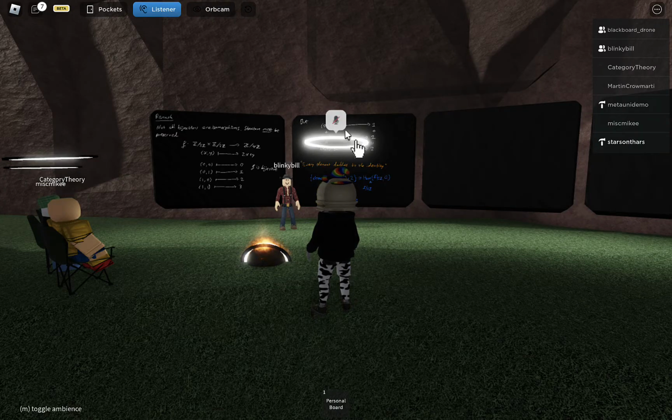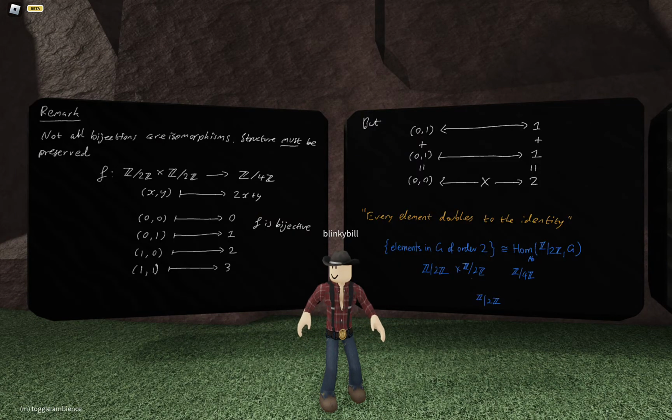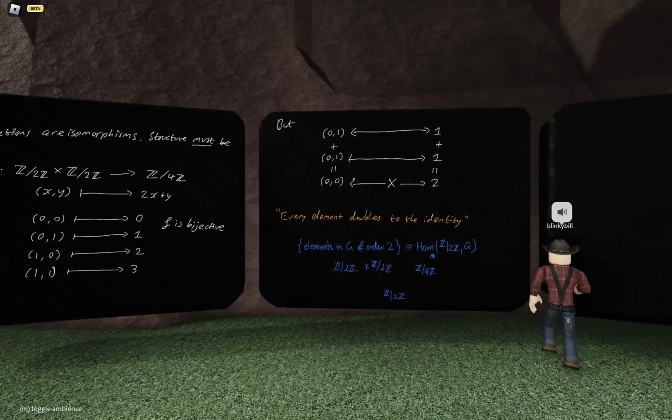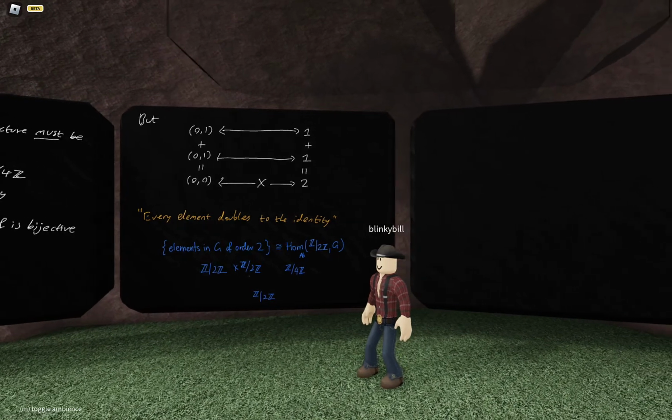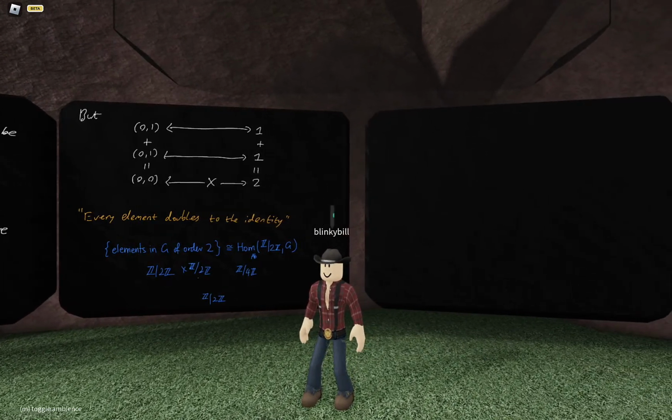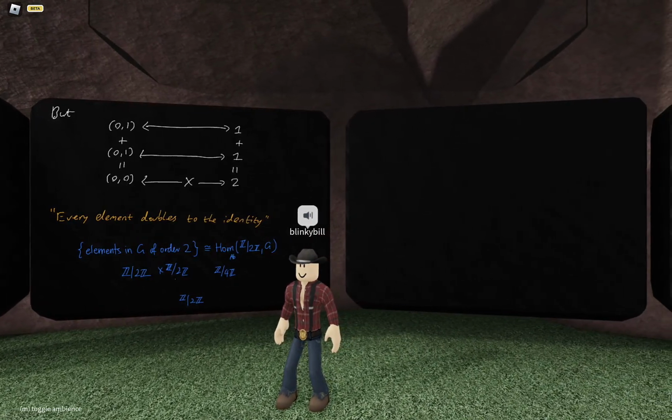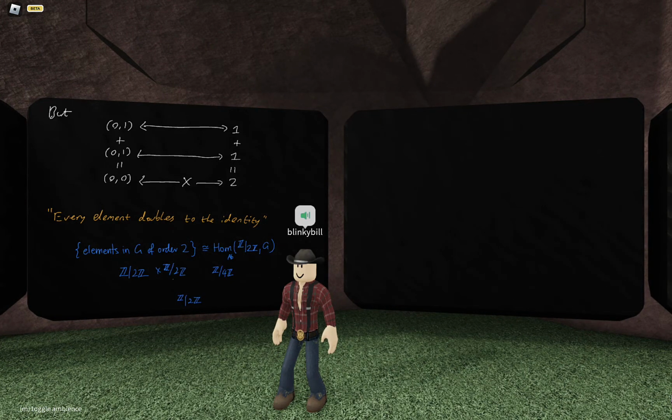Okay. So now I want to talk about how to identify... I didn't make this explicit, but I talked about group homomorphisms. Let me make this explicit then.